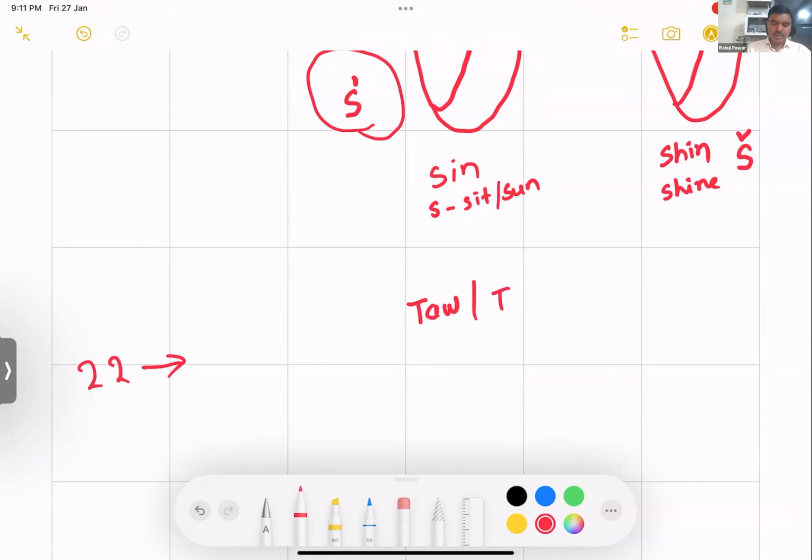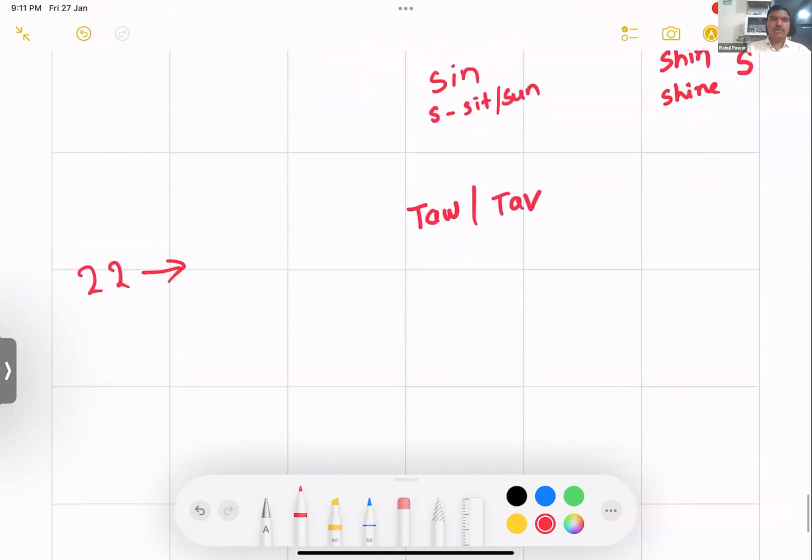In modern Hebrew, it is written as Tau. So how to write Tau? It is very similar to the writing of the Ket. Only this portion is a little tilted.